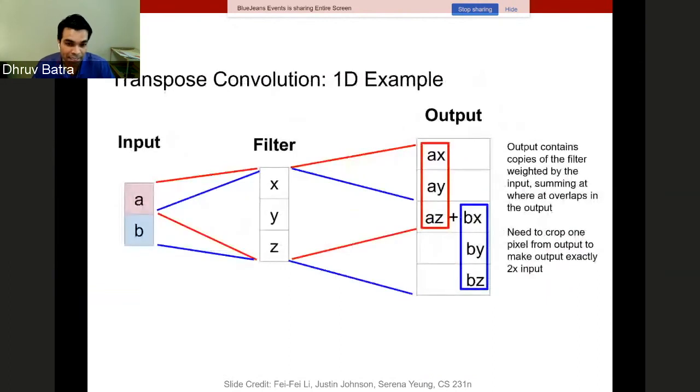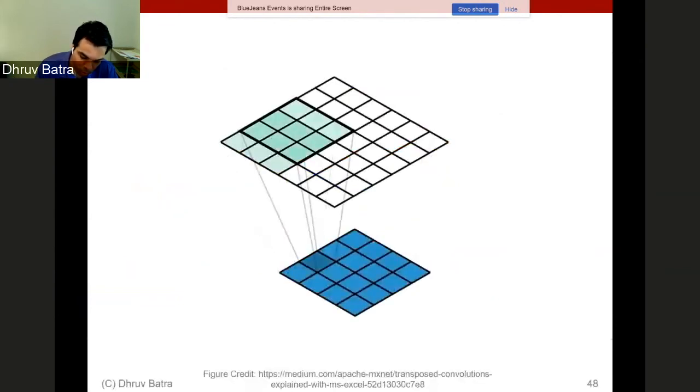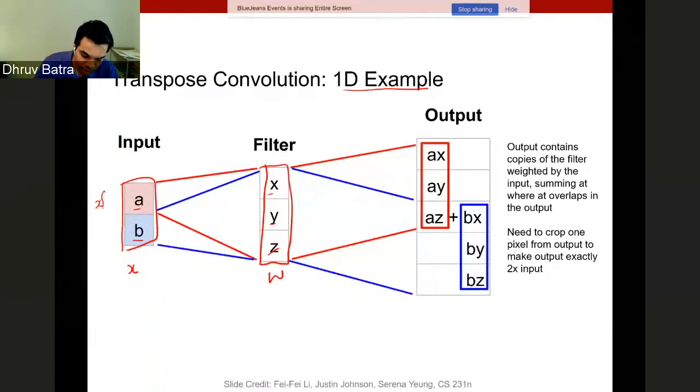I'll get to that padding question in a couple of seconds, but I just want to build some more intuition. This is what this looks like for a one-dimensional example. So you have an input which has just two values, A and B. This is X, this is W. This is a filter of size 3: X, Y, Z. This is x0, this is x1.